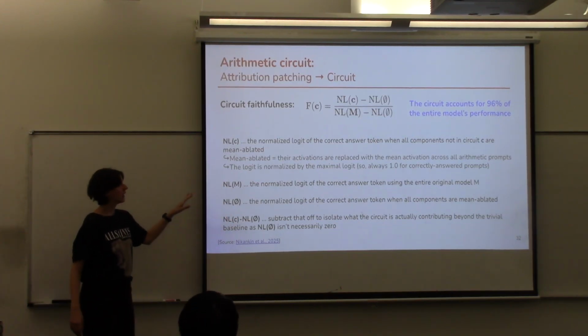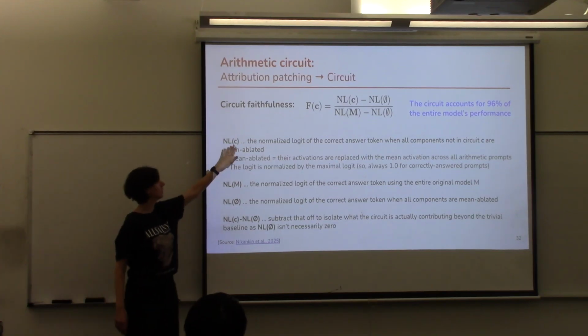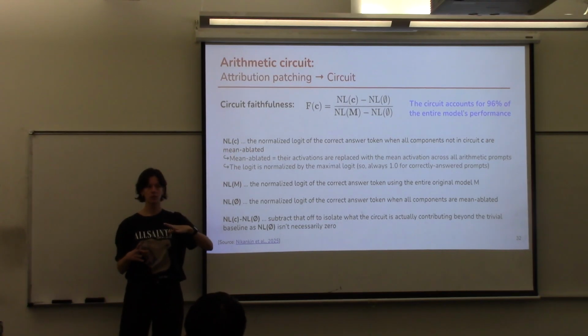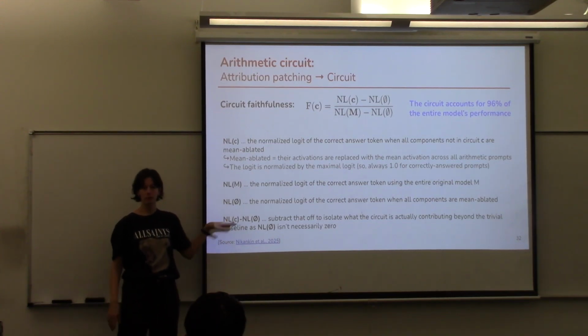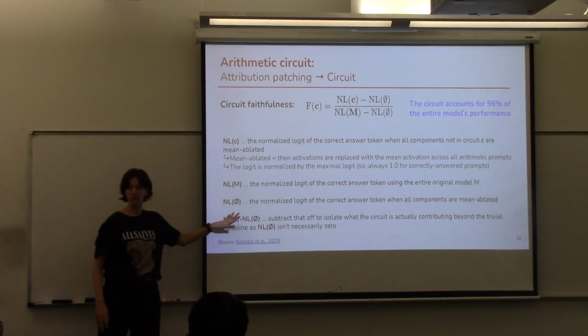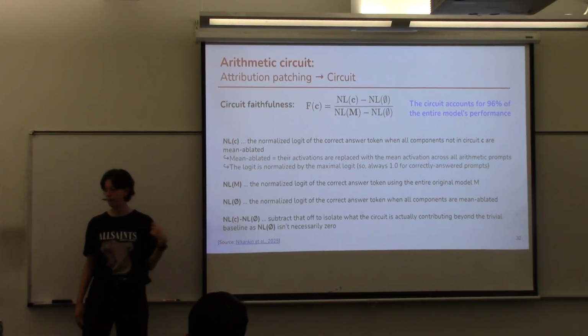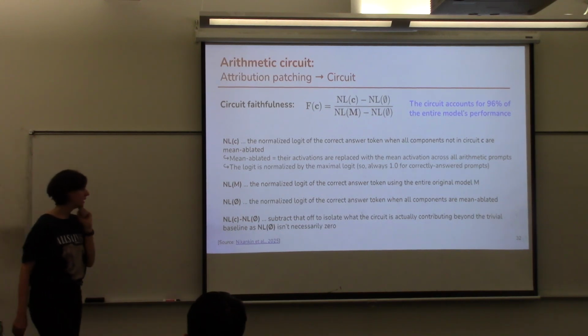So you're checking how much the difference between the logit you get using the circuit only is different from what we would get from mean ablating everything, right? Because maybe even this will give us somehow high probability, and we do the same thing in the denominator.